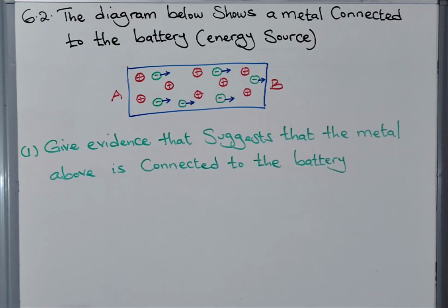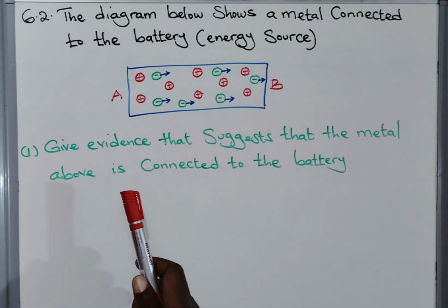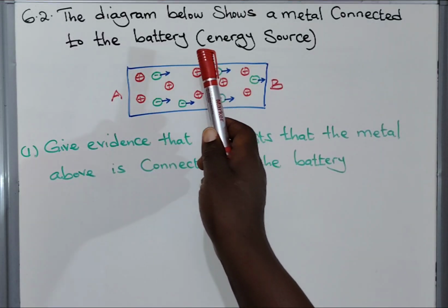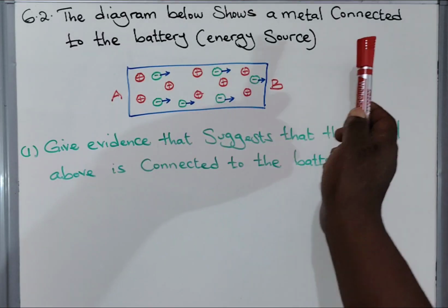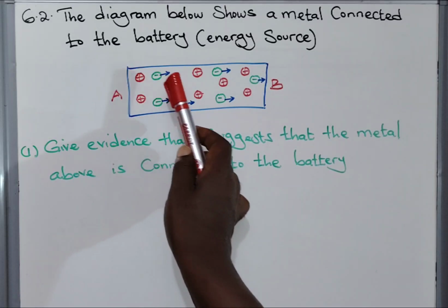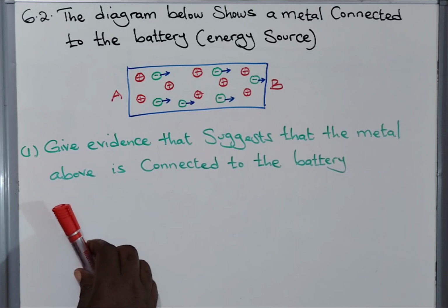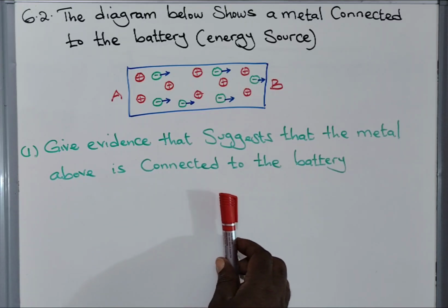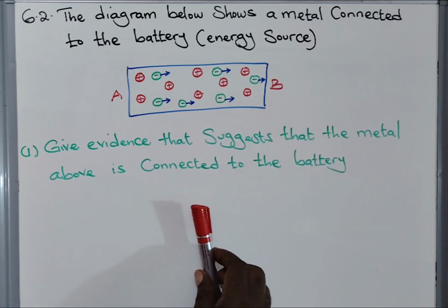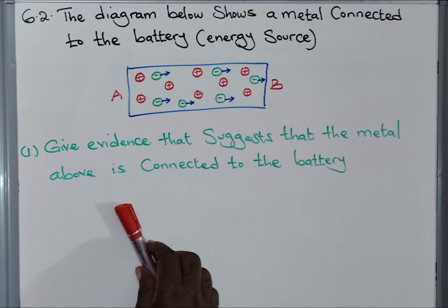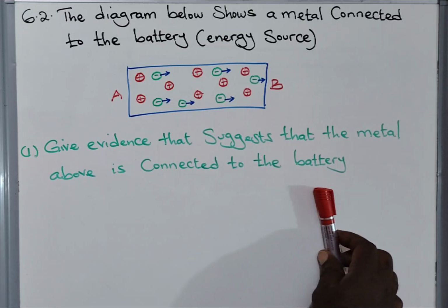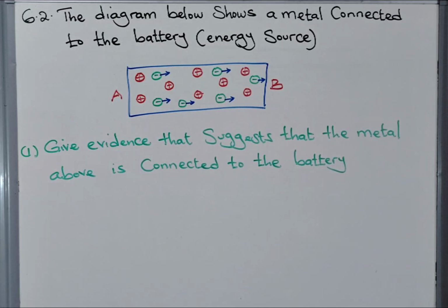Then we come to this question. It says the diagram below shows a metal connected to the battery or energy source. Then the question says, give evidence that suggests that the metal above is connected to the energy source.